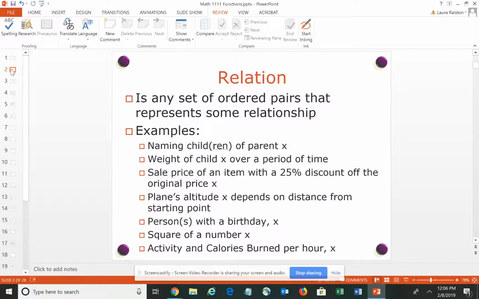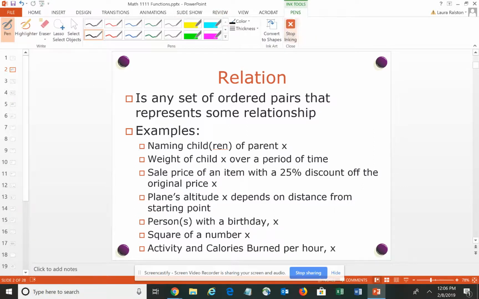For example, naming the child or children of parent X is actually considered a relationship. For example, we could say Roy, comma Laura, because my father's name is Roy, but we could also have Roy, comma Lisa, because I have a sister.